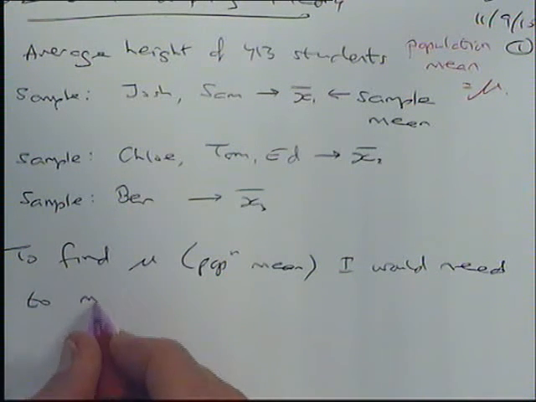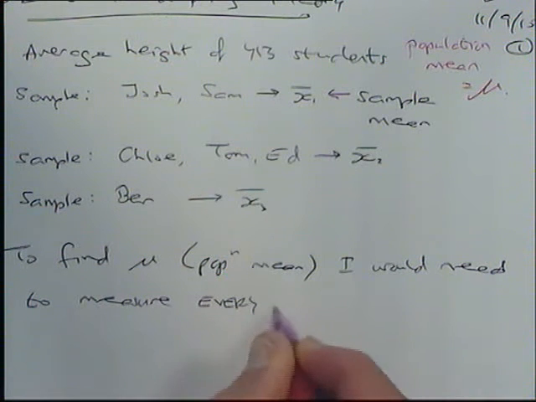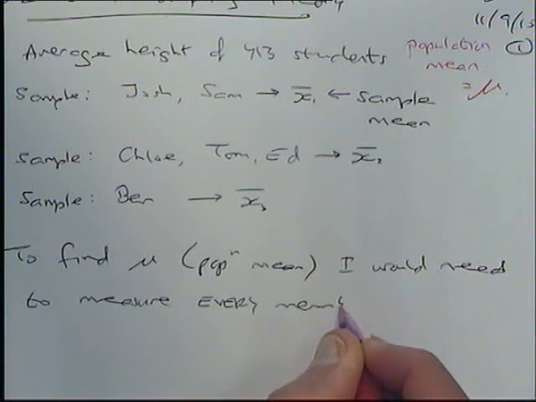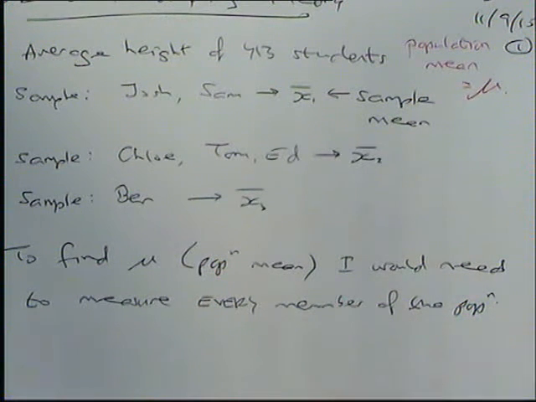So I would need to measure every member of the population, which is sometimes impractical. Here, if I change my population to the year 13 students who are present today, in theory, I could go around and measure everybody's height. For a bigger population, it's just impractical, and to be honest, I wouldn't even do that. You would do a sample.